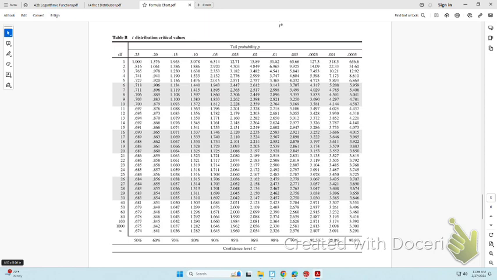Yesterday we looked at that number, and that number, because the infinity row is Z. And notice as degrees of freedom increase, look at, for example, the 95% column.